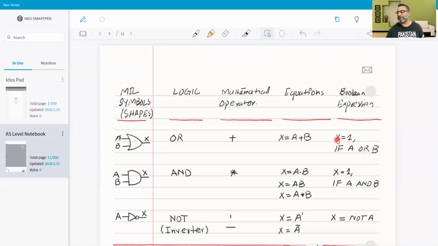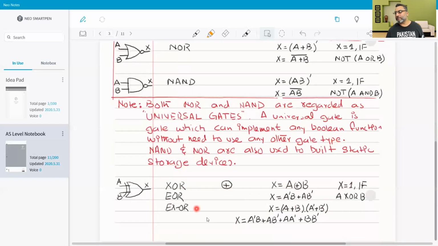So if we go with exclusive OR, the symbol is an encircled plus. We call it XOR, EOR or EXOR, but the most famous one and most probably the one that we will be using would be only XOR, so exclusive OR.